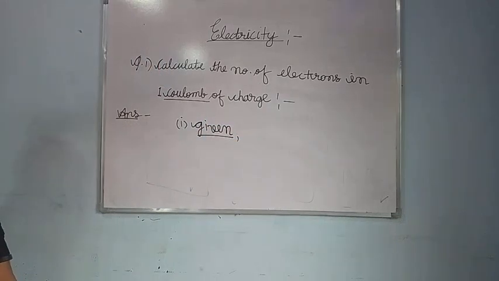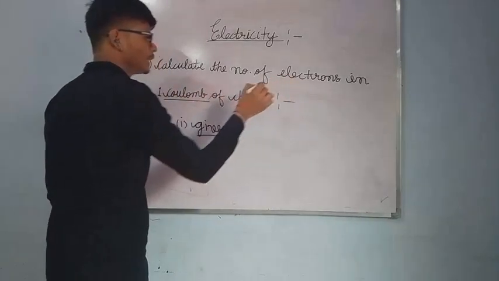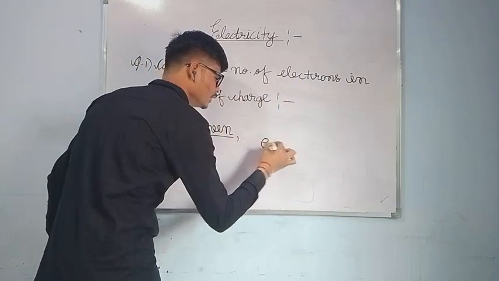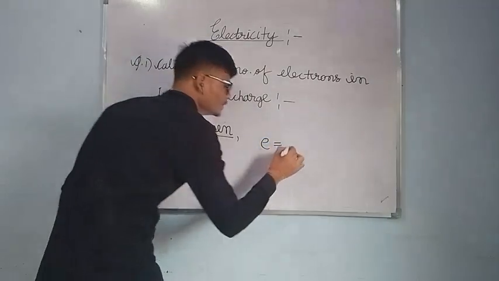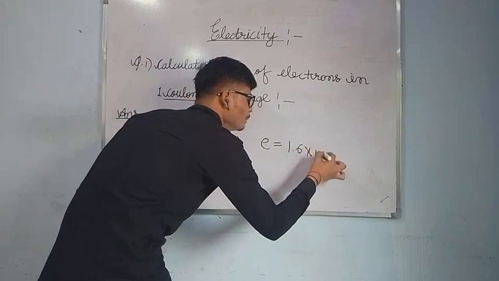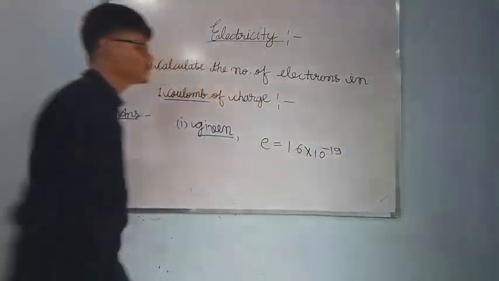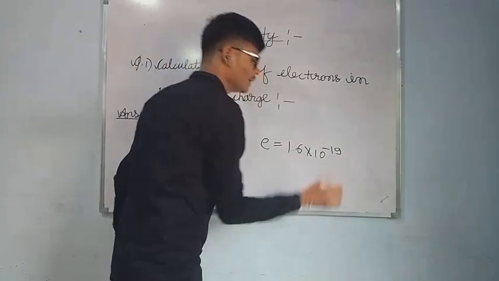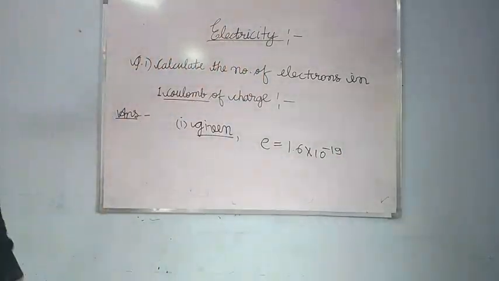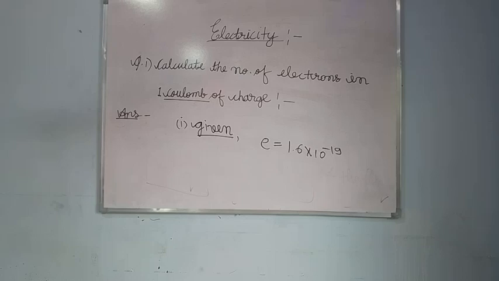What are the given data? Calculate the number of electrons. Electron is given. Do you know the value of the electron charge? In the last lecture we had studied, that is 1.6 into 10 to the power minus 19, the modulus of that value. The value of e is 1.6 into 10 to the power minus 19 coulombs. What's the unit of this charge? Coulombs.